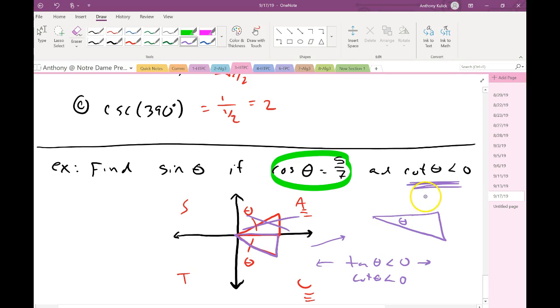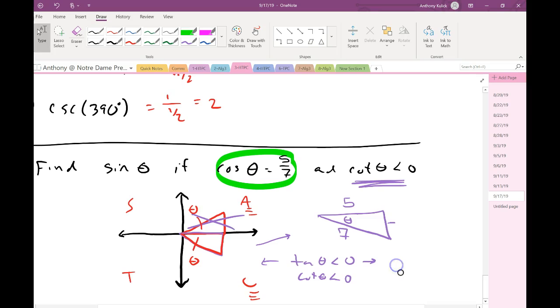So using cosine, I know that this is 5, the adjacent, and this one is 7, the hypotenuse. And I know that the opposite side has got to be negative because this point is 5, comma, and then it's got to be a negative value there.